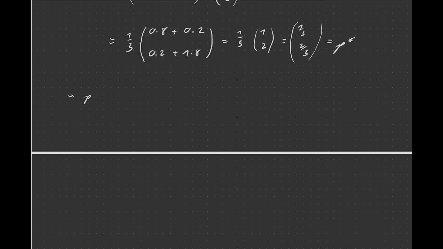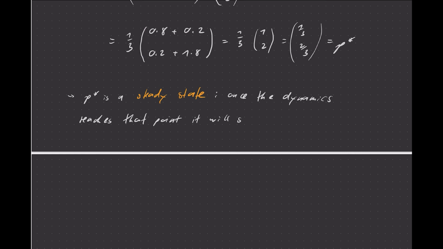Okay, so this P star here is a steady state. Meaning once the dynamics reaches that point, it will stay at that point.